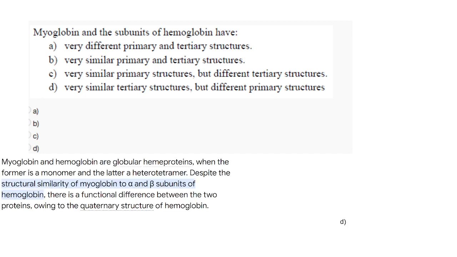So myoglobin and hemoglobin are globular heme proteins. The former is a monomer and the latter is a heterotetramer. Despite the structural similarity of myoglobin to the alpha and beta subunit of hemoglobin, there is a functional difference between the two proteins owing to the quaternary structure of hemoglobin.